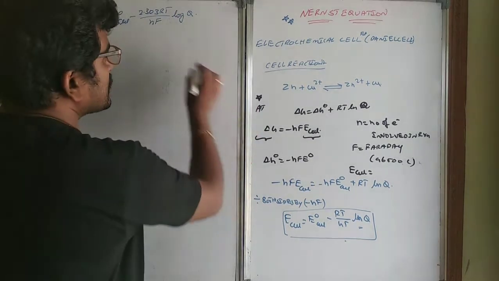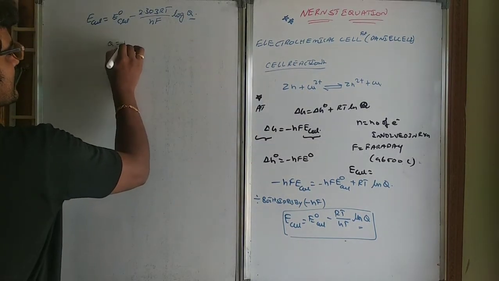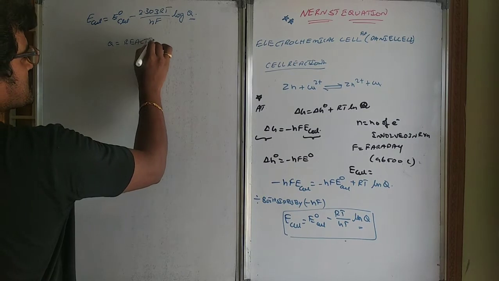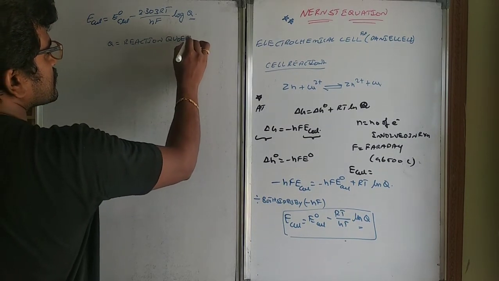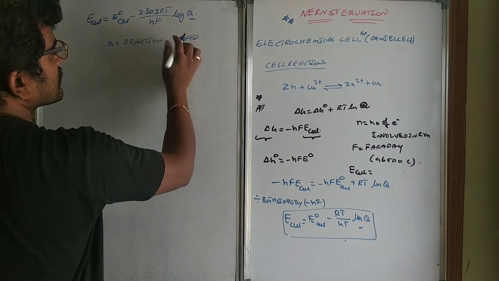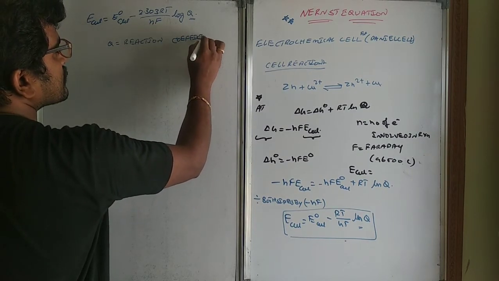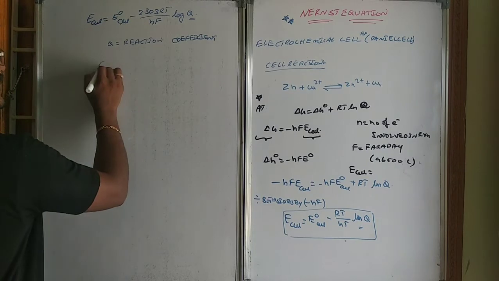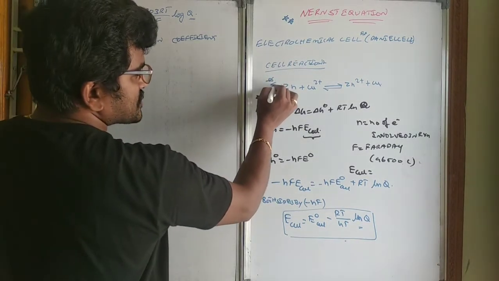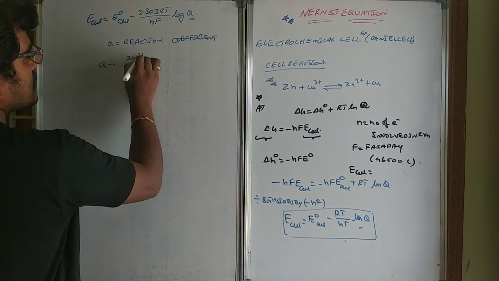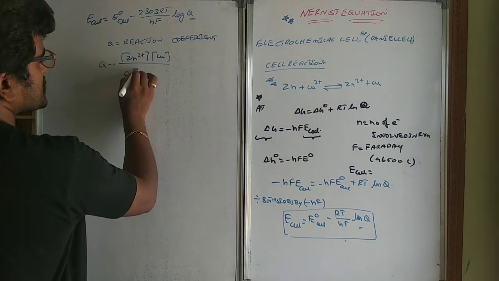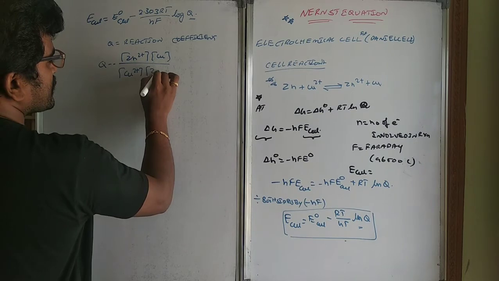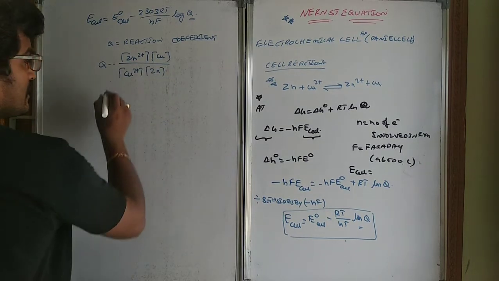You know very well, Q is the reaction quotient. For the cell reaction, it is Zn2+ concentration times copper concentration divided by copper2+ concentration times Zn concentration.